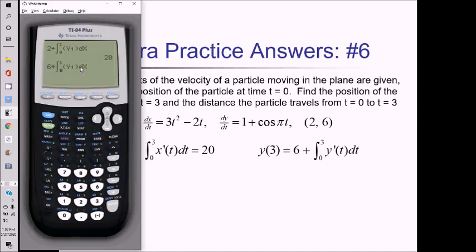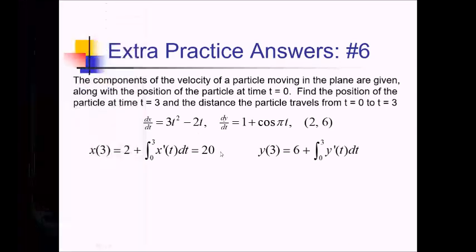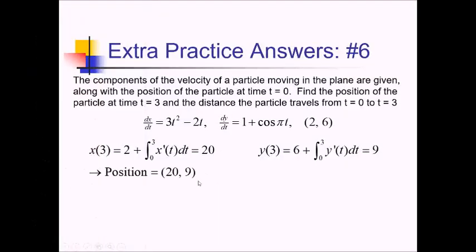Still the same interval for the integral, and for the function, now I need y prime instead of x prime. So I'm going to go to alpha trace, and I'm going to put y2 in there, because that's where I stored y prime, and then press enter to get 9. So my position then is 20, 9. Now to get the distance traveled, I am going to need an integral for that.